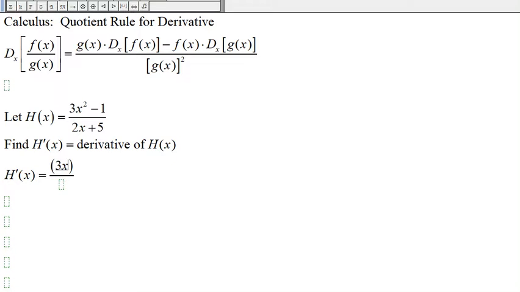And so we have 3x squared minus 1, and then times the derivative, so it will be at the bottom, with g of x is 2x plus 5.